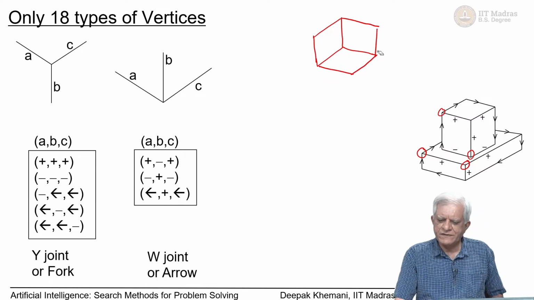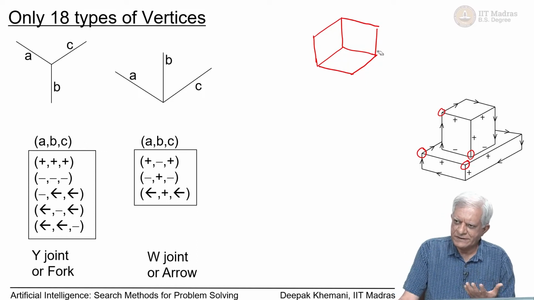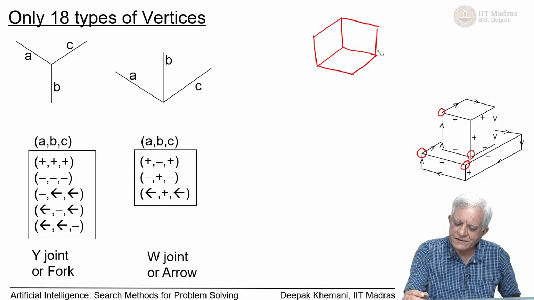If you see this figure in isolation, the simplest way to imagine this is as a cube, right? That means you would label all the three edges inside as plus and all the other 6 edges with an arrow, because the material is like this, correct.